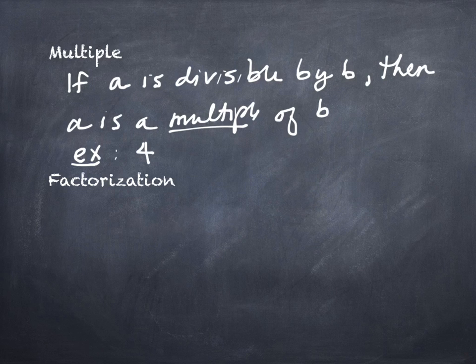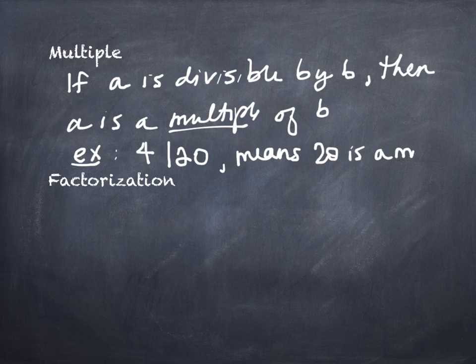So 4 divides 20, right? 20 is divisible by 4. That means that 20 is a multiple of 4. And if you remember back to your multiplication tables, that's what that would mean, right? That in the multiplication tables, or in the multiples of 4, the number 20 shows up.